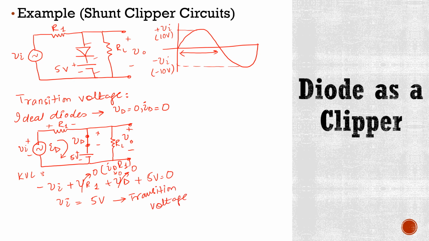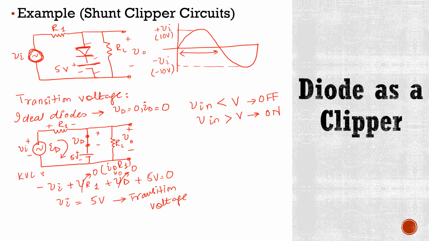Now if you look at this circuit, when the input voltage is less than this transition voltage, the diode will be off, and when the input voltage is greater than this transition voltage, the diode will be on. Why? Because here the positive terminal of the DC battery is connected with the negative terminal of the diode, and the positive terminal of the diode is connected with the input supply voltage.